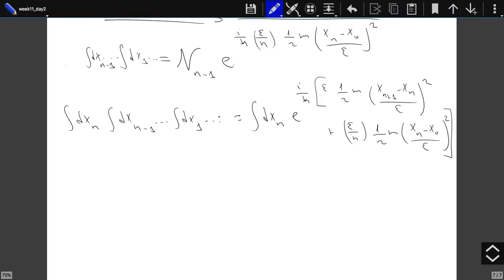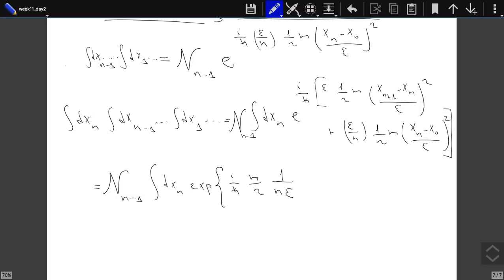Times, of course, there is this normalization, n minus 1. So this is equal to the normalization term, dxn, exponent. Now let's take this, i over h bar is common, m over 2 is common. If I also take out this 1 over epsilon squared, I will have 1 over n times epsilon.